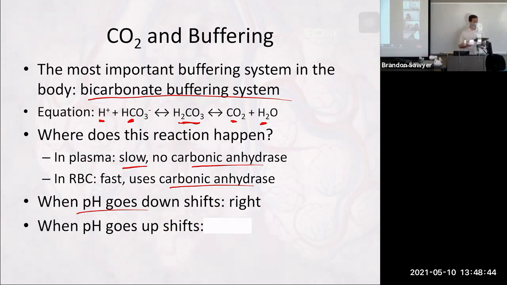It has to go to the right, because by going to the right, we're taking hydrogen ions and binding them to bicarbonate. So we're holding on to them so they don't affect pH anymore. If pH goes up, meaning we don't have enough hydrogen ions, then this equation needs to shift to the left so we can add more hydrogen ions to the solution.